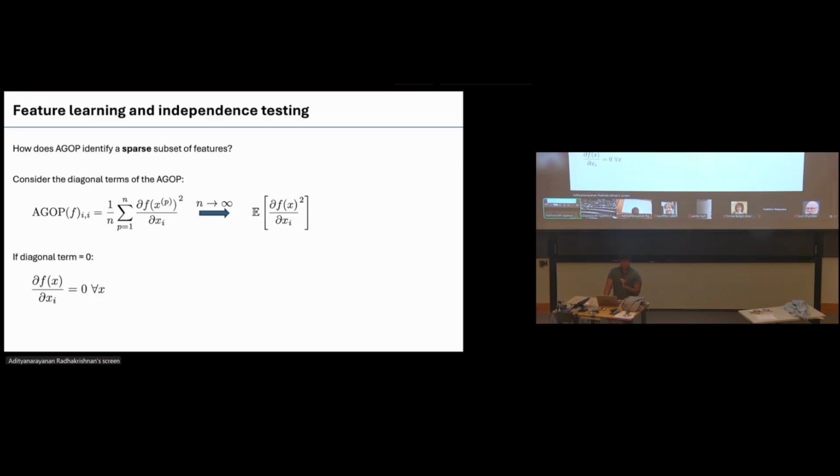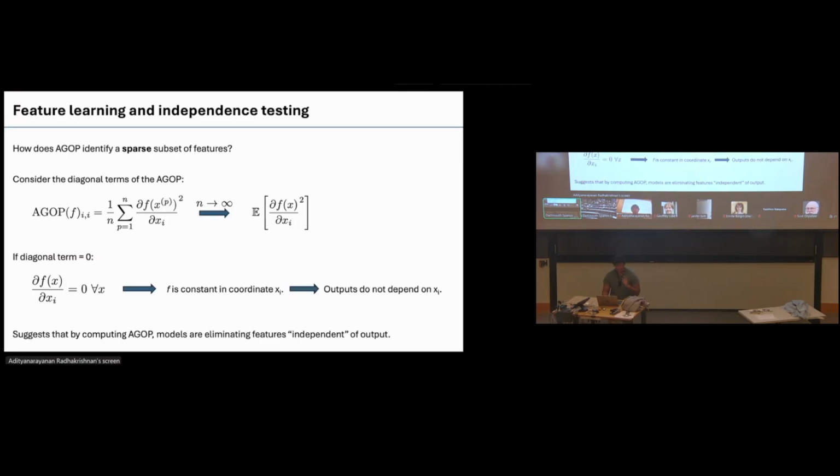So suppose this diagonal term is 0 for all x coming in. This means that my function f is effectively constant in that coordinate, and in some sense it actually means that the outputs do not depend on x. So this suggests that by computing the AGOP, you're actually eliminating features that are independent of the output.